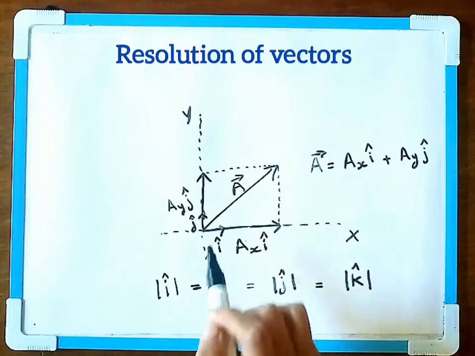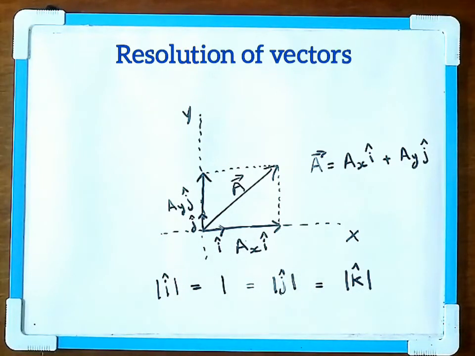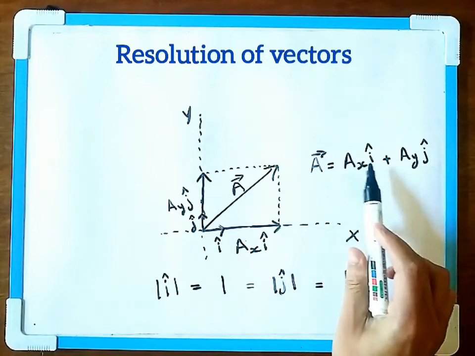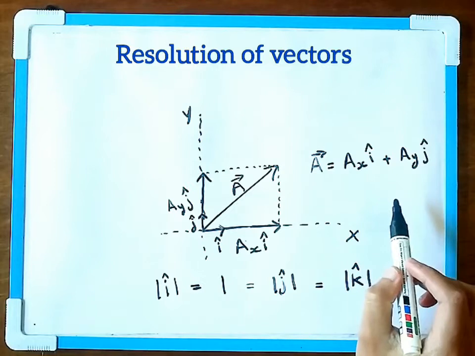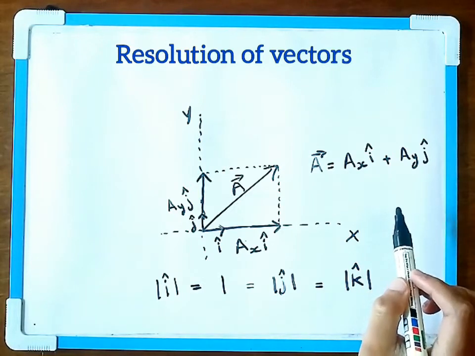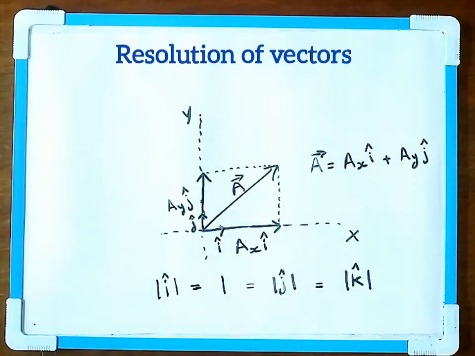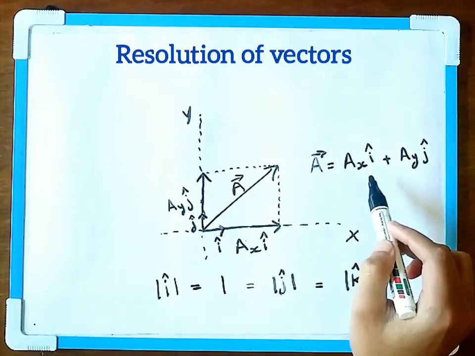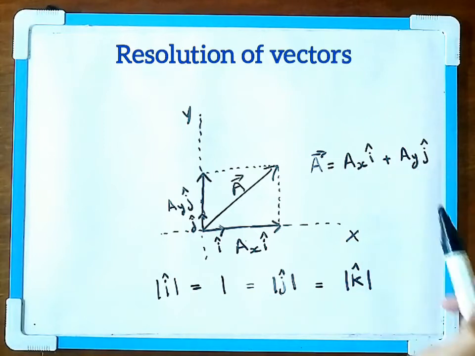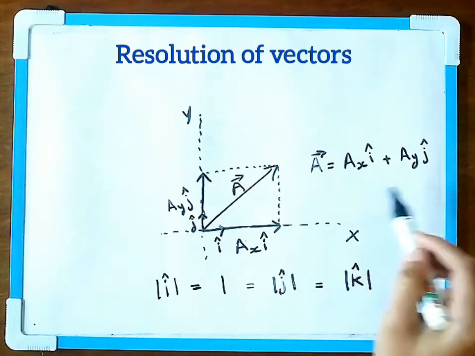If we have the z-axis, then a vector will be equal to ax i cap plus ay j cap plus az k cap. But since in this chapter we are dealing with motion in a plane, a vector is equal to ax i cap plus ay j cap. This is sufficient enough.